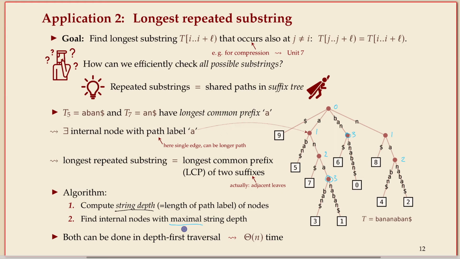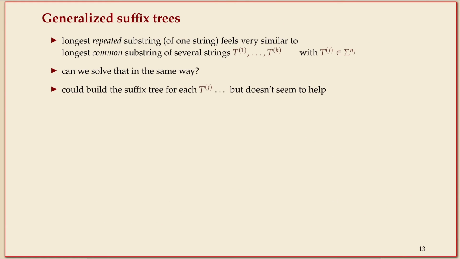And so far, our suffix tree was always just for a single text, for a single string. There's a way, though, fairly conceptually easy, to get from a suffix tree for one text to a suffix tree for several texts. And that's called the generalized suffix tree.